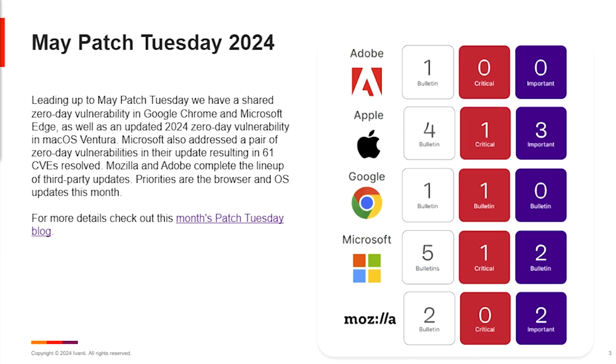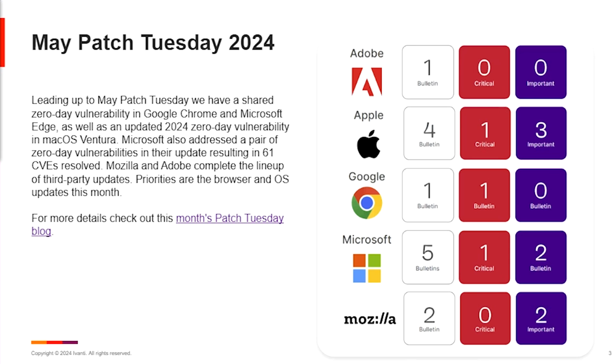Yep. Apple did have their release as well. So 4 major bulletins that we're tracking there. 1 was critical, 3 important. Google did have an update on Monday that was resolving a 0 day. We'll also talk about another 0 day that was just resolved last week as well. So we got a very close multiple release series of updates from Google Chrome, which also means that Microsoft Edge received similar updates.